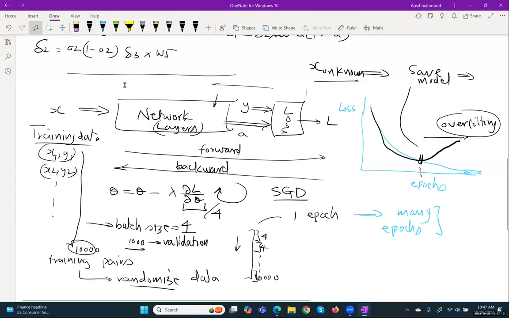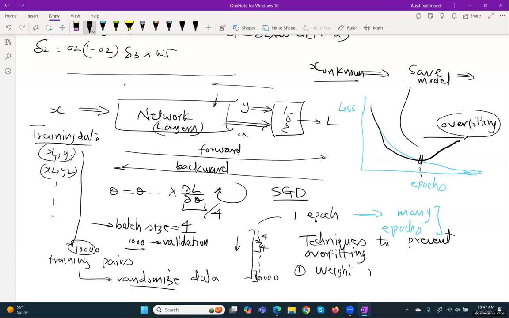Okay, so what were the techniques we talked about in this course so far? So techniques to prevent overfitting. Okay, one was weight regularization.